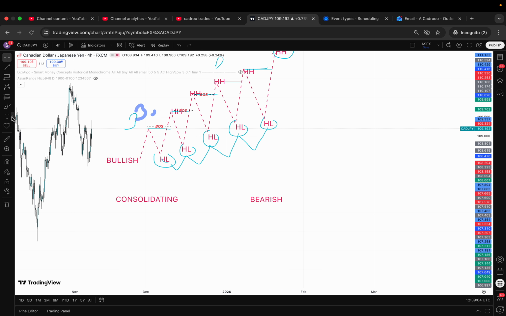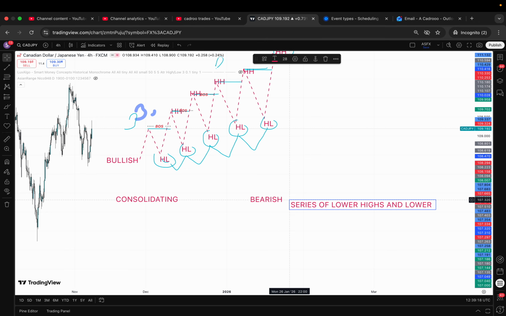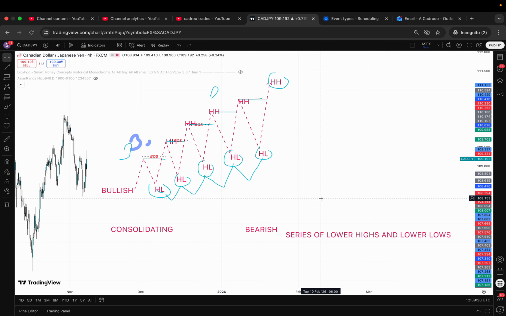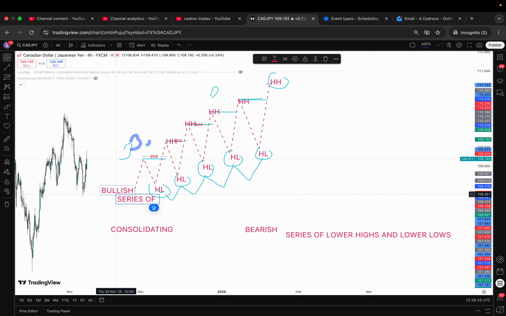And how do you identify a bearish market? You identify a bearish market by a series of lower highs and lower lows. A bullish market you identify by what? By a series of higher highs and higher lows.